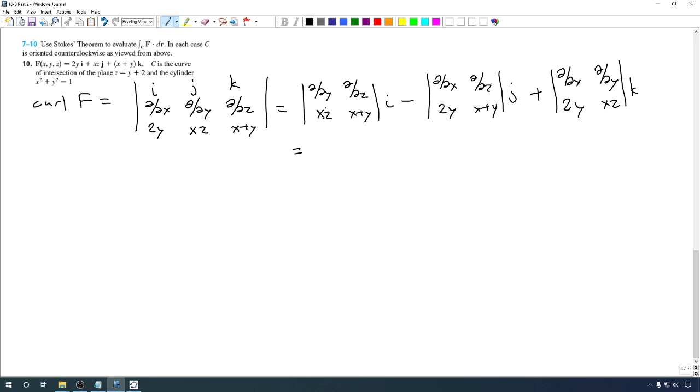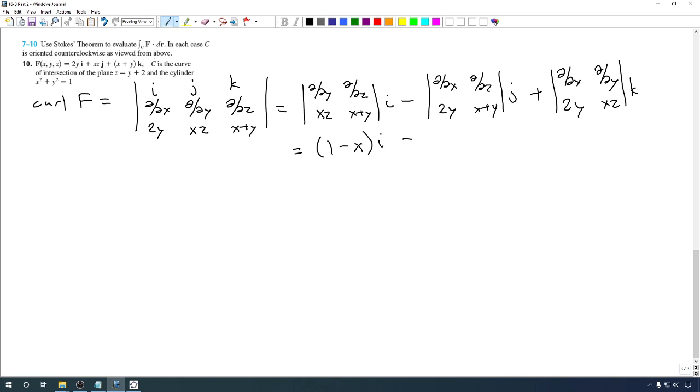So the derivative of x plus y with respect to y is just 1. Derivative of xz with respect to z is actually x. So we end up with an x plus 1. Sorry, not plus. We are subtracting those two. So actually, we'd have a 1 for this direction, but then we subtract the x from that direction. So that's our i component.